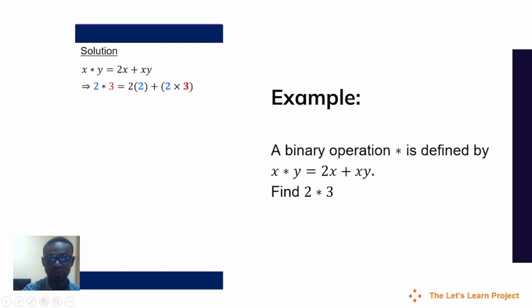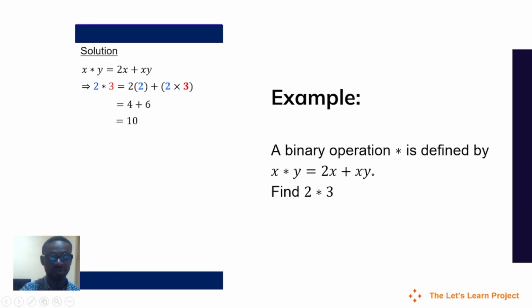The assigned value to x is 2 here, then the assigned value to y is 3 here. So wherever I see x and y, I put in 2 and 3 respectively. The blue is for the x, then the red is for the y. So that is what has been done there. 2 times x is 2 times 2, then xy is 2 times 3. When you perform this correctly, your answer is going to be 10.